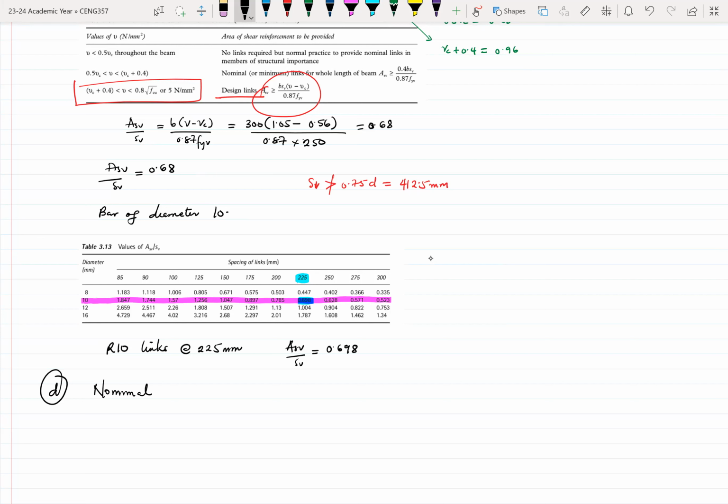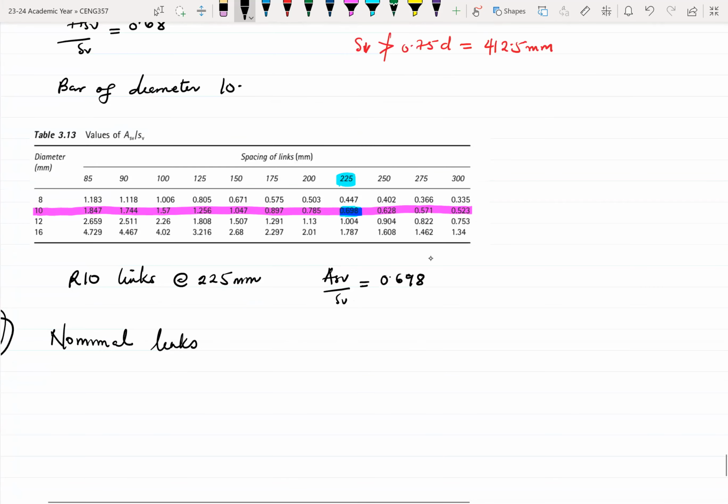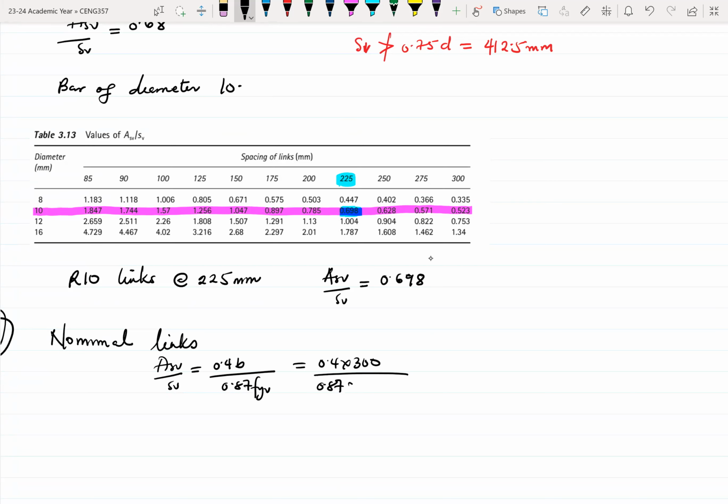For the nominal links, we are told that ASV over SV is equal to 0.4B divided by 0.87 FYV. We know what B is, so it becomes 0.4 times 300 over 0.87 times FYV of 250, and that should give us 0.55.